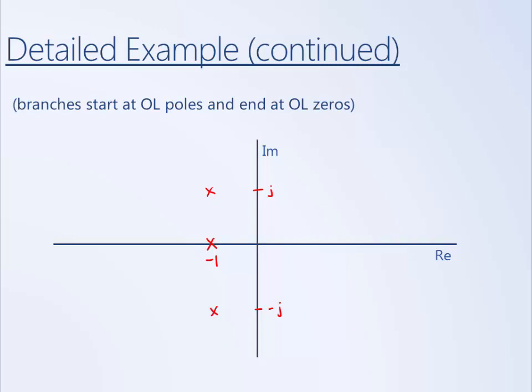We also have an open loop zero at -4, where I'm indicating the open loop zero with an O. These locations are important because we know that our root locus begins at open loop poles and approaches open loop zeros, starting at k equals 0 and approaching k equals infinity.